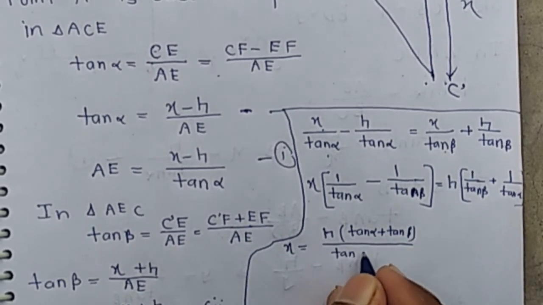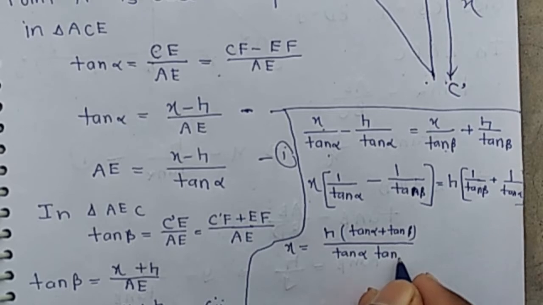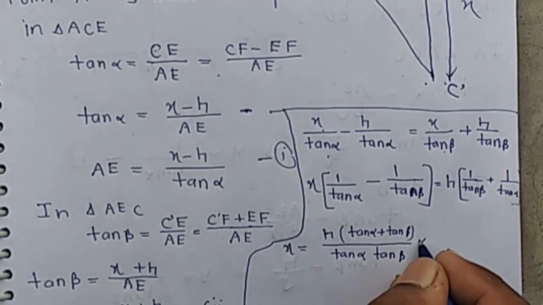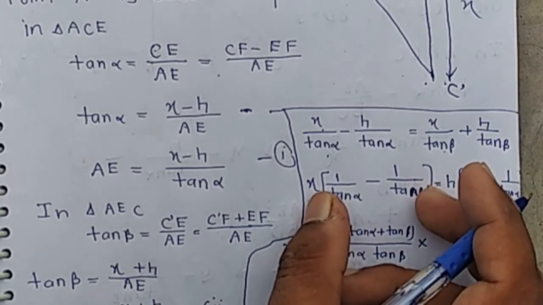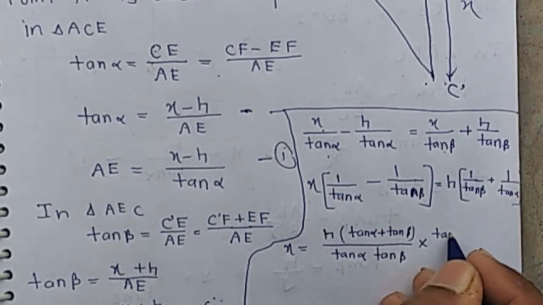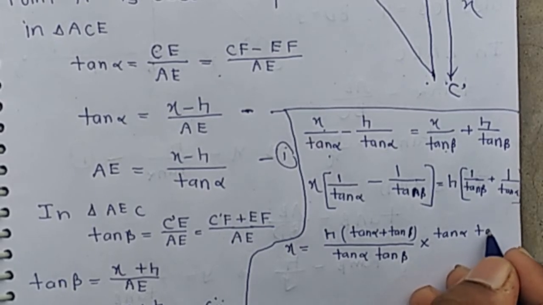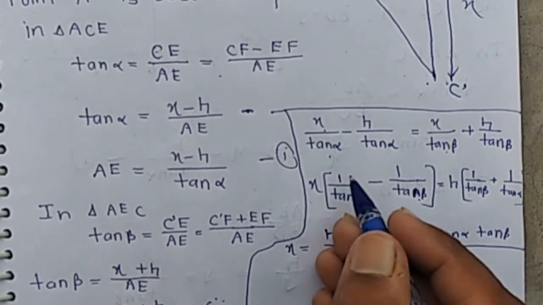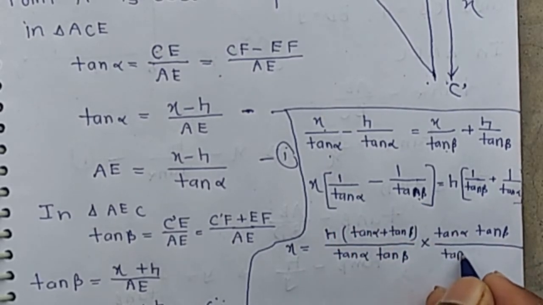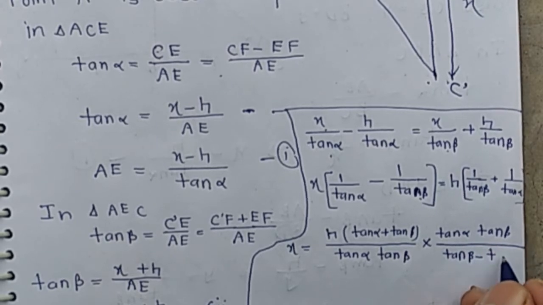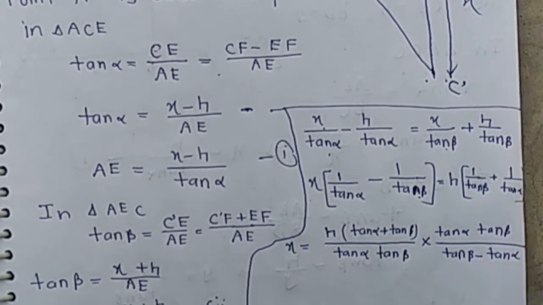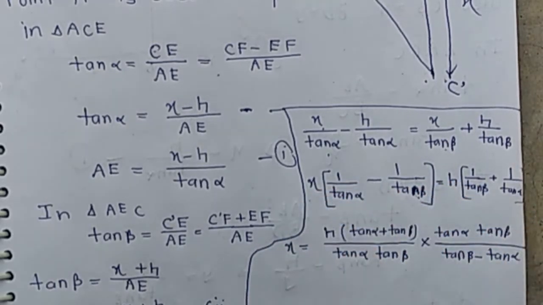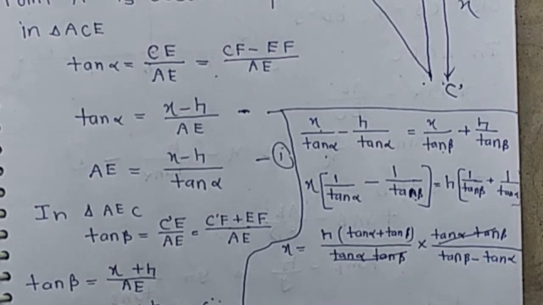Take LCM in this term, we get tan alpha tan beta over tan beta minus tan alpha. Means we solve this fraction and shift it to the RHS. Then the value of X is H times tan alpha plus tan beta by tan beta minus tan alpha.